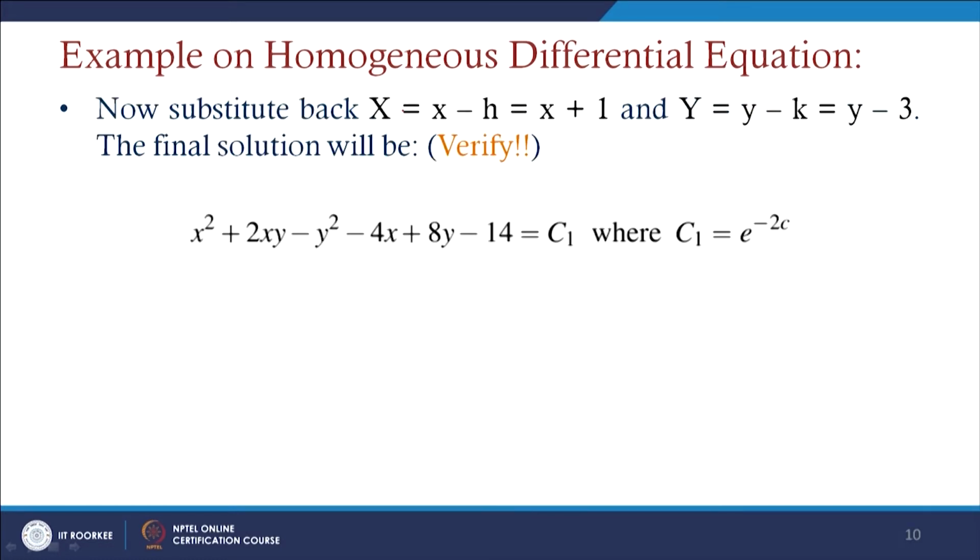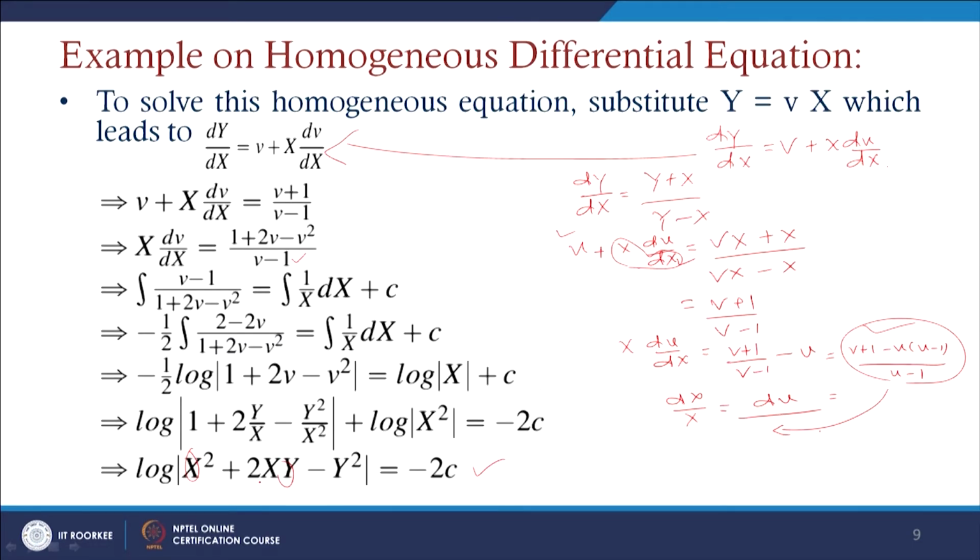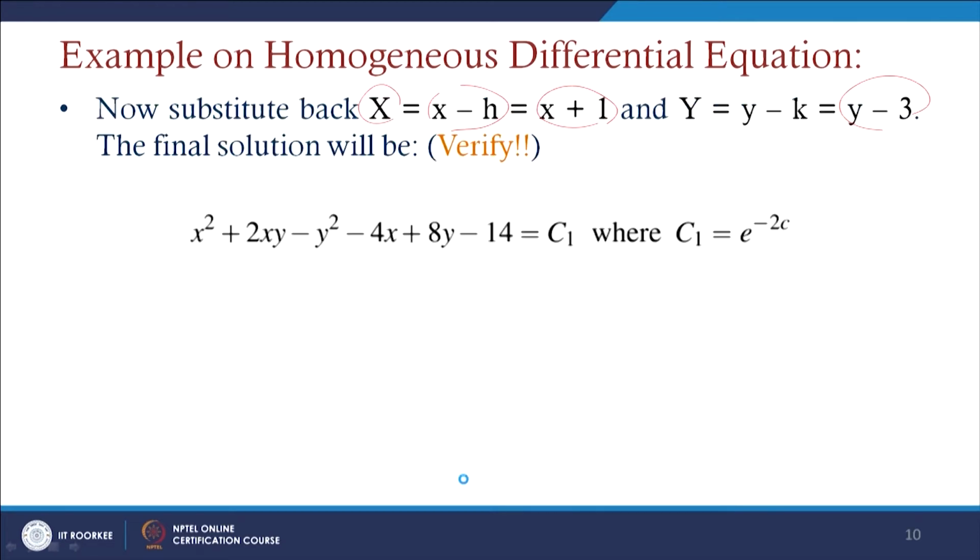So if we substitute capital X equals small x minus h, then h is minus 1, so that is why x plus 1 is coming. Capital Y equals y minus k, and k is 3, so y minus 3. And the final solution you can obtain by putting all these variables in this equation.